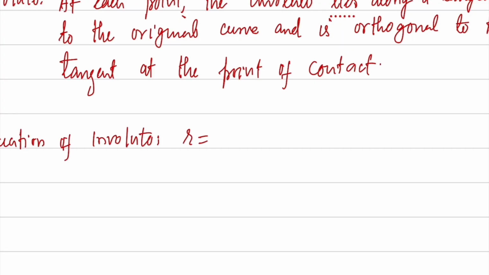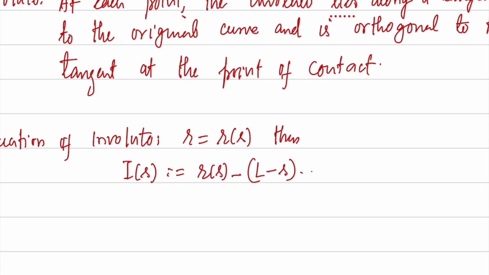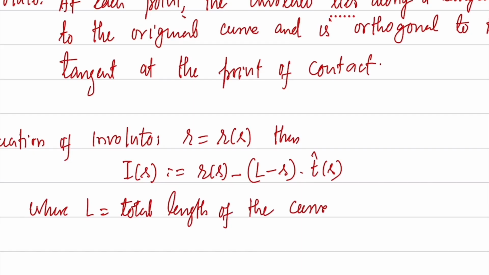If we have the curve R equal to R of S taken as a function of the arc length, then the involute, which we shall call I of S, is defined as R of S minus L minus S, into the unit tangent vector T of S, where L is the total length of the curve, and T is the unit tangent vector. So this is how we give the equation of the involute to a given curve.